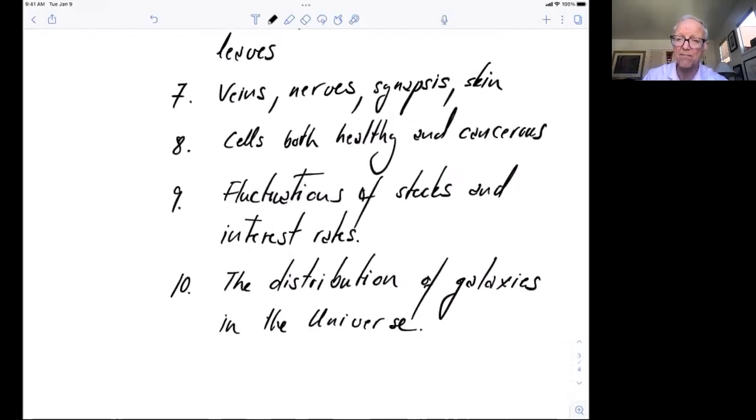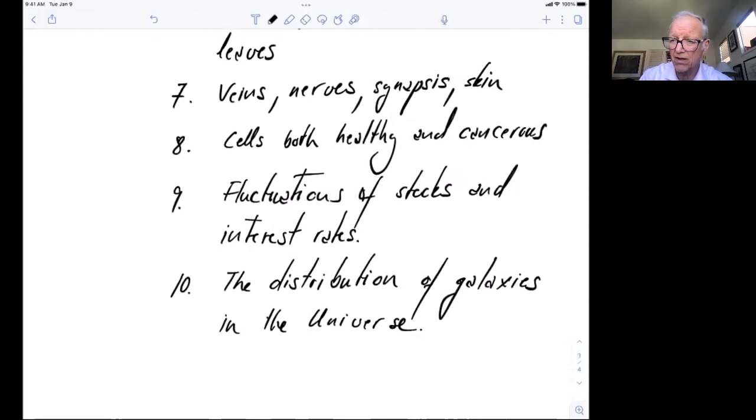And the same thing happens in our bodies. There is this white noise, and then the egg grows, and there are great instabilities. It magnifies the white noise and colors it, and the color is different depending on whether the cells are going to form veins, nerves, synapses in the brain, or skin cells.